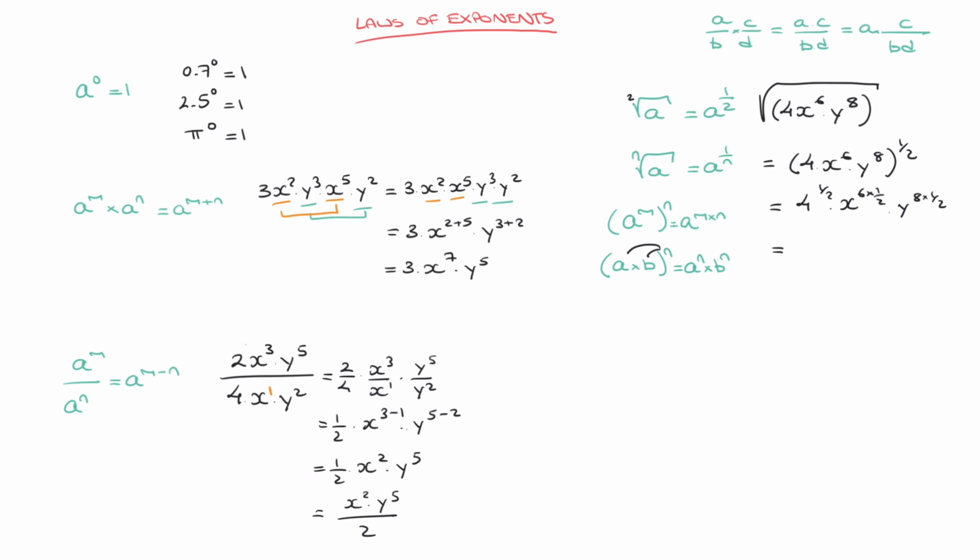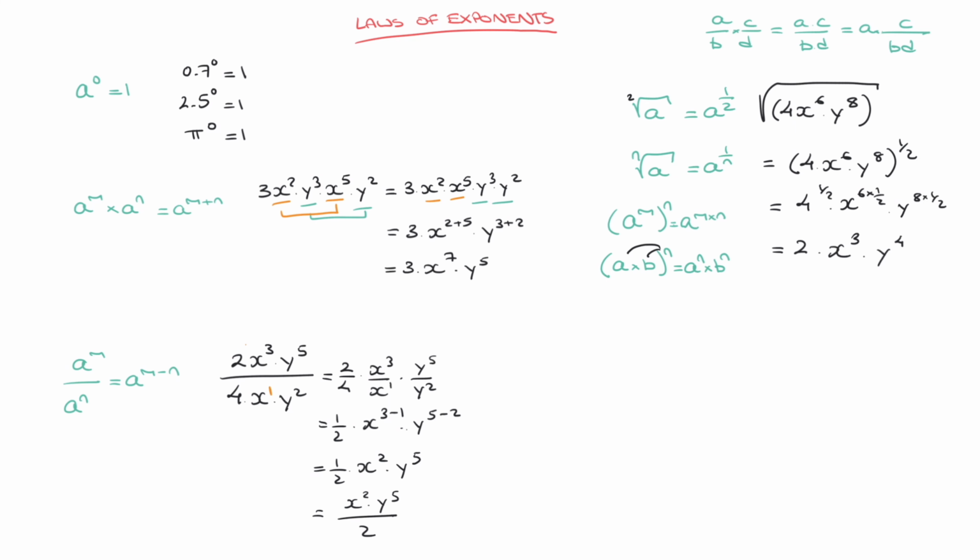So that's the square root of 4, which is 2, times x raised to the power of 6 times a half, so that's 3, times y raised to the power of 8 times 1/2, well, that's equal to 4. And that's where we would stop. So you can see there's quite a lot going on there. Now I'll give you one last, dare I say, important result.